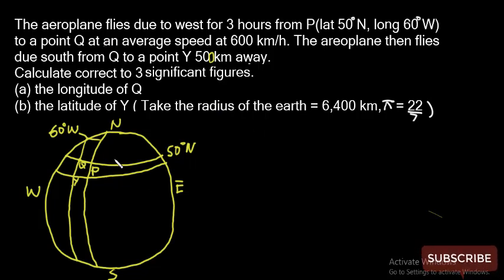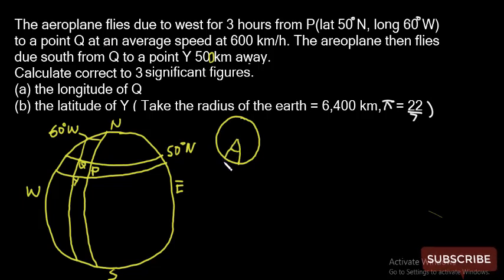So let's dive into the first question, which says that we should calculate the longitude of Q. Then you may begin to wonder what is going to happen. Let me just draw a cross section of what happened right here. We're told that there was a movement.